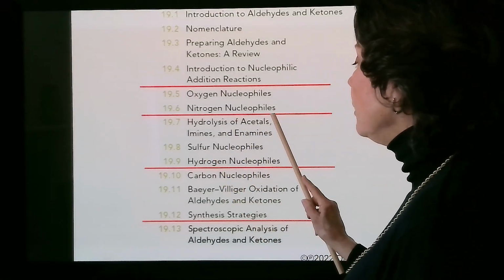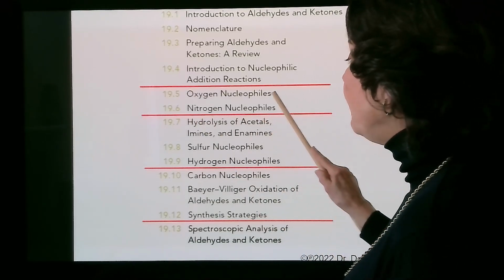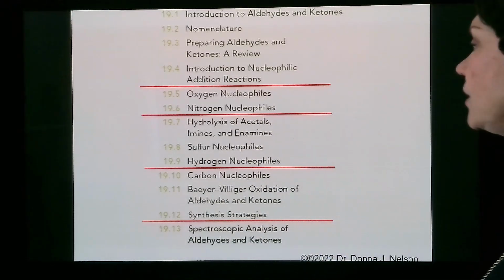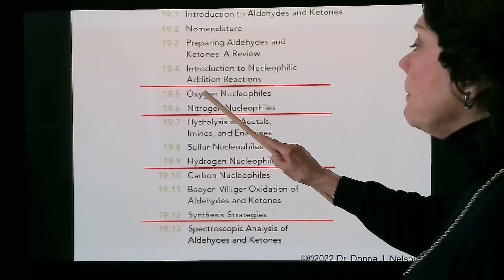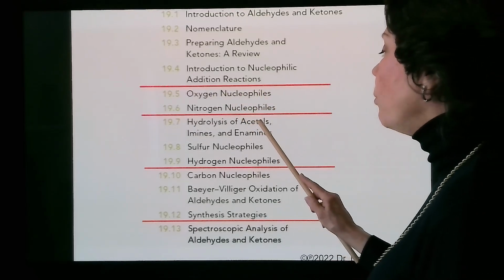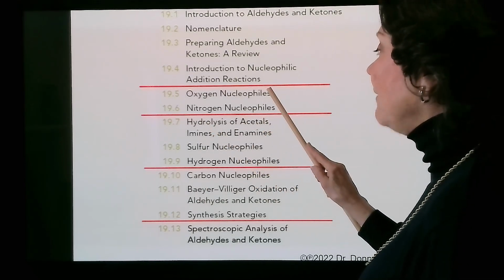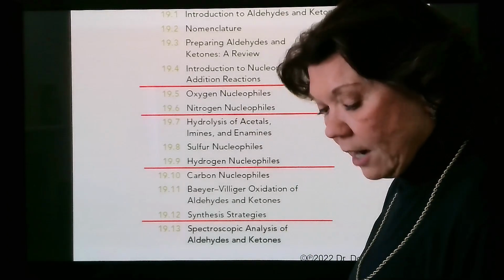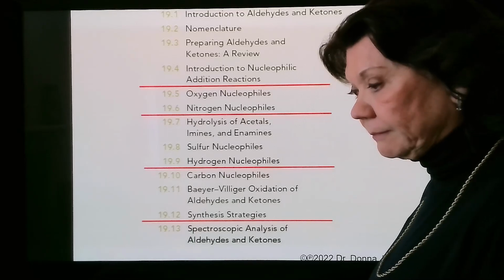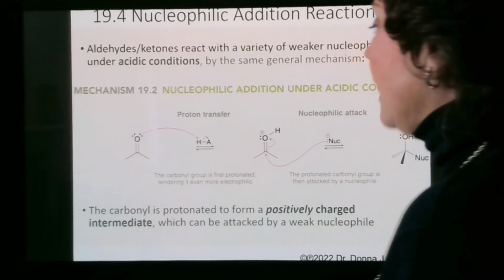Except, I might mention that I have moved the hydrolysis of acetals up to accompany the oxygen nucleophiles because acetals are formed by the reactions of oxygen nucleophiles with carbonyls, and it makes more sense to cover the hydrolysis of acetals in here, right in between section 19.5 and 19.6. So let's start looking at the actual reactions.